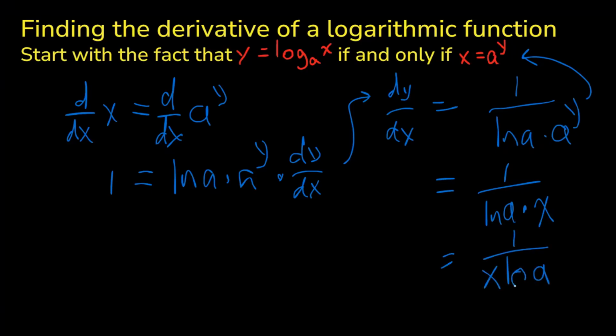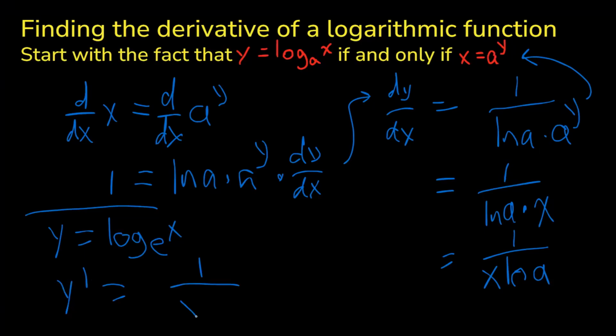Now, an interesting point is that if the base of the logarithm is e, so let's say y equals log base e of x, which is equal to natural log. If we use this formula, then y prime is going to be 1 over x natural log of the base, which in this case is e. Now, natural log e is just 1, and you get 1 over x.